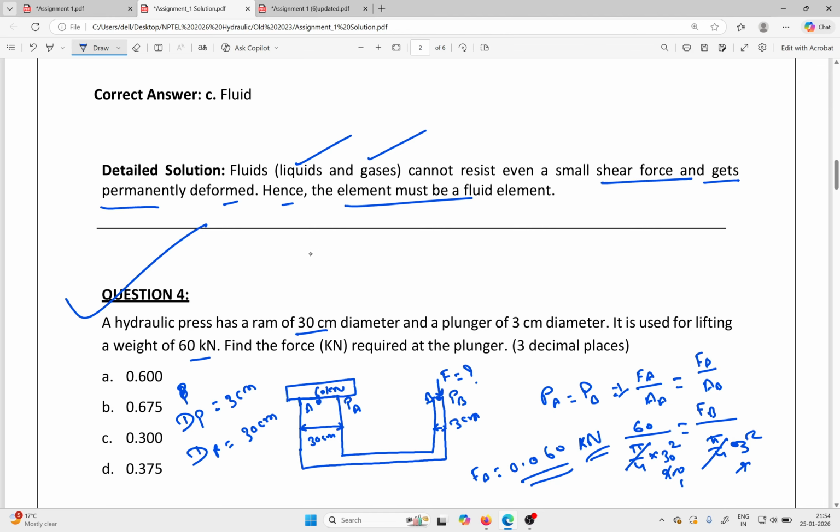Means the ratio of RAM divided by DP, 10, is equal to the ratio of FA divided by FB.